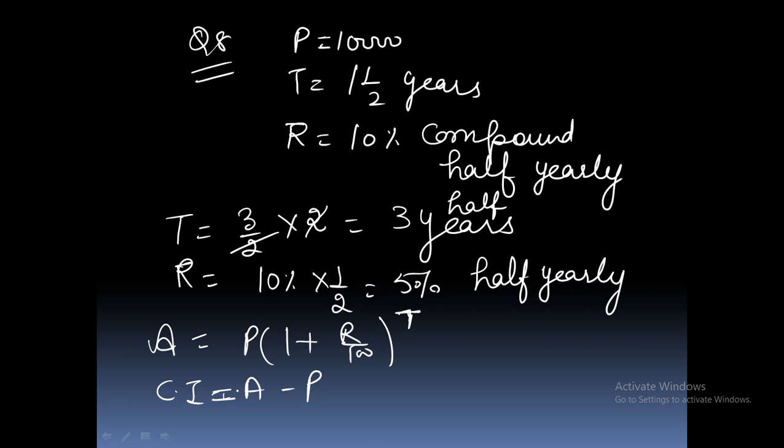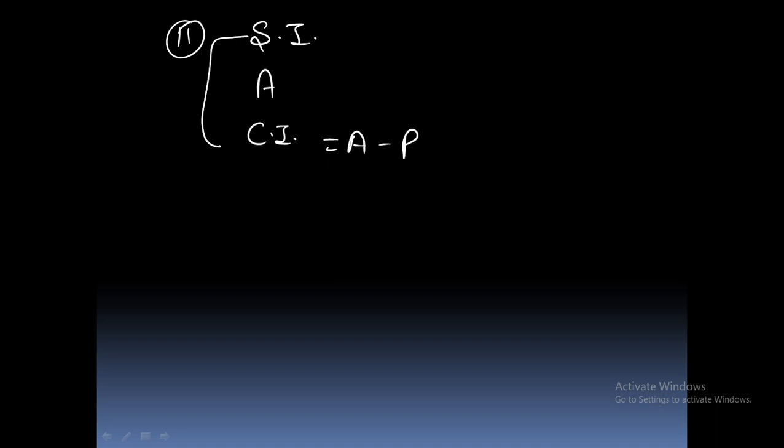But on the other side, they also asked: if interest is compounded annually, then how can you calculate it? For this, you have to remember the same formulas. First calculate simple interest, then amount, then compound interest by amount minus principal, and after that both will be added. You will calculate the total compound interest.